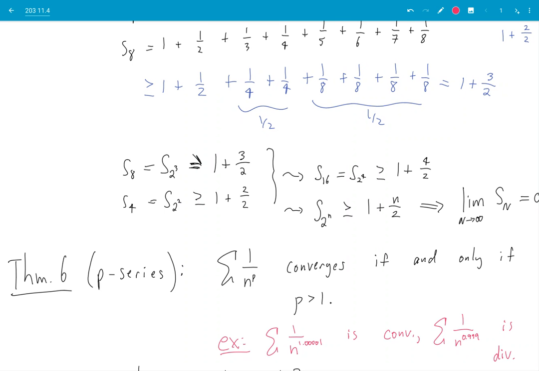If p is below 1, you get divergence. Okay, so nice theorem that summarizes what's happening for series of this form.